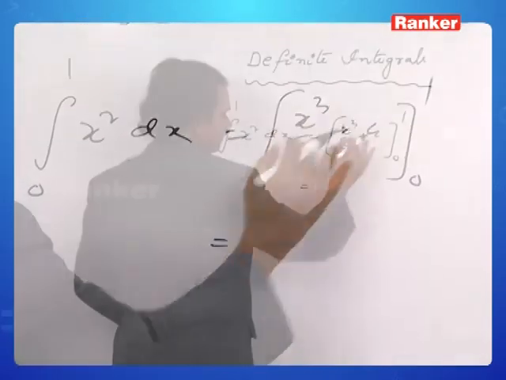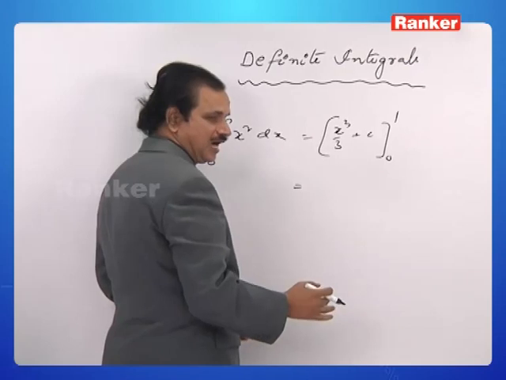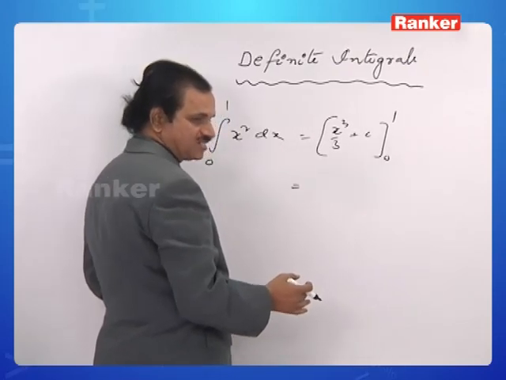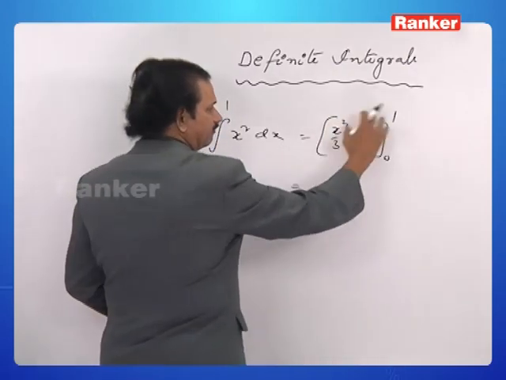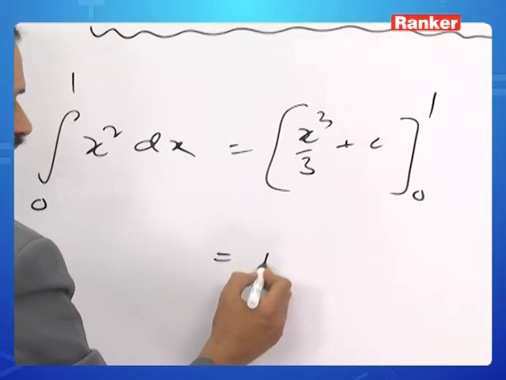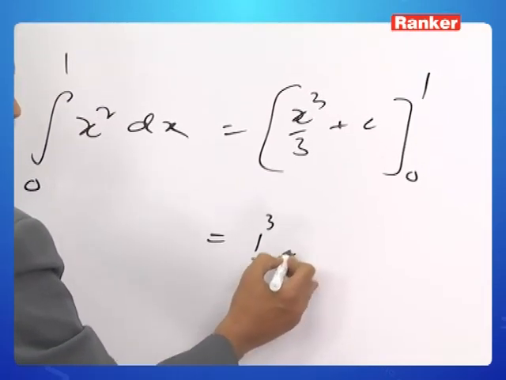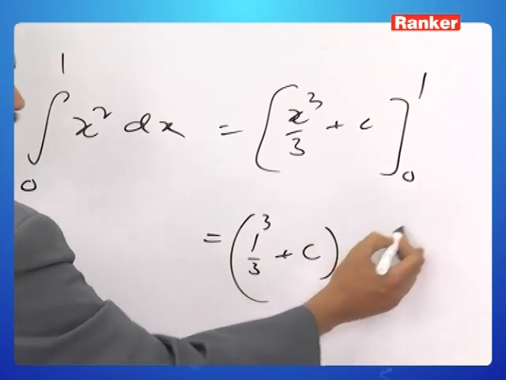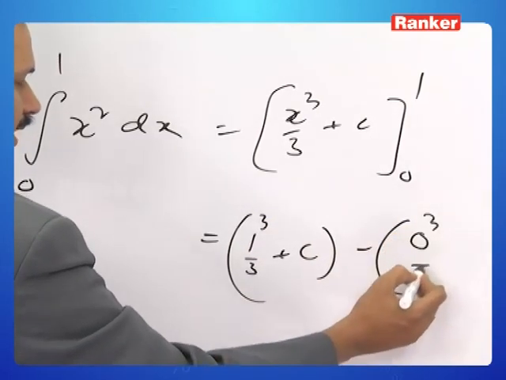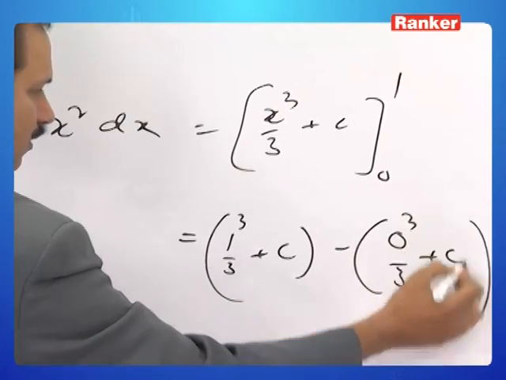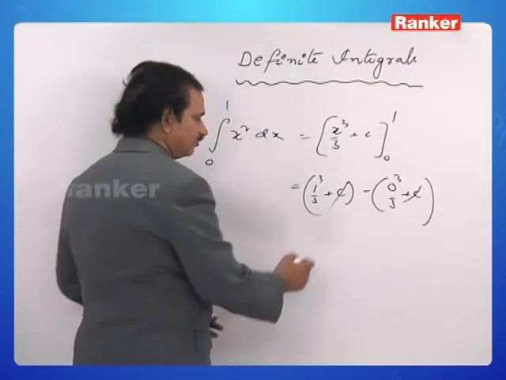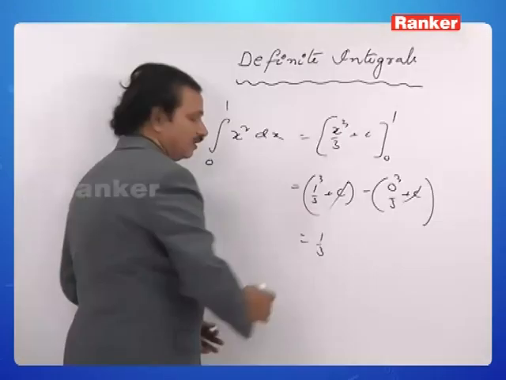This is capital F of x. And as per our discussion, F of b minus F of a is the answer. That is 1 cubed by 3 plus c, minus 0 cubed by 3 plus c. c and c will be cancelled, so that the answer is 1 by 3.